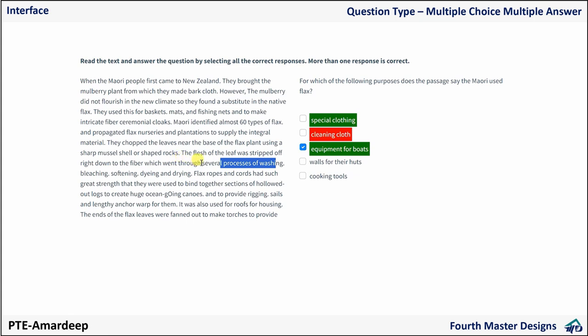Can you find a direct relation? If yes, then fine, select it. But here it is incorrect. If you simply go for a guess, like it is written several processes of washing, so it is helping, oh okay, in the washing process, you may select it, and then your answer will be incorrect. So 1 minus 1, it will be 0. So there is negative marking.